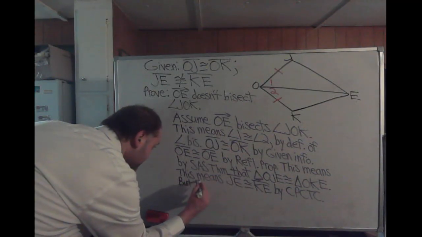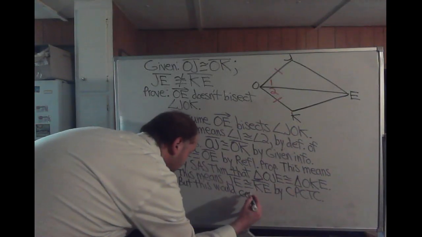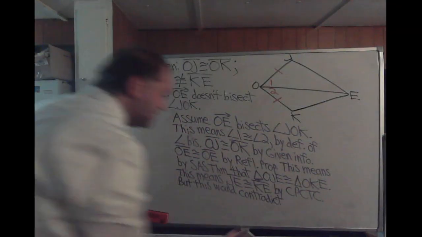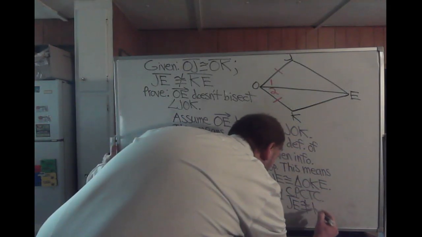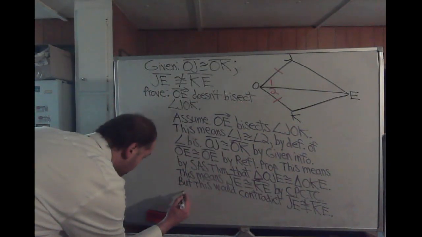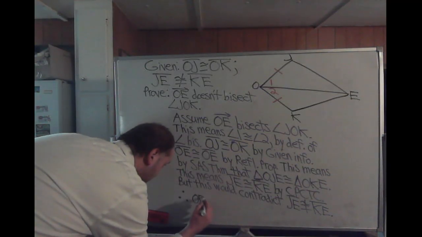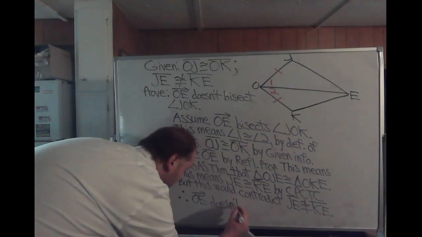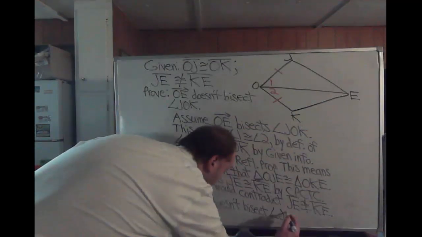But this would contradict JE is not congruent to KE. So now we've established that we have a contradiction. Therefore, what we're trying to prove must be true, that therefore ray OE doesn't bisect angle JOK.